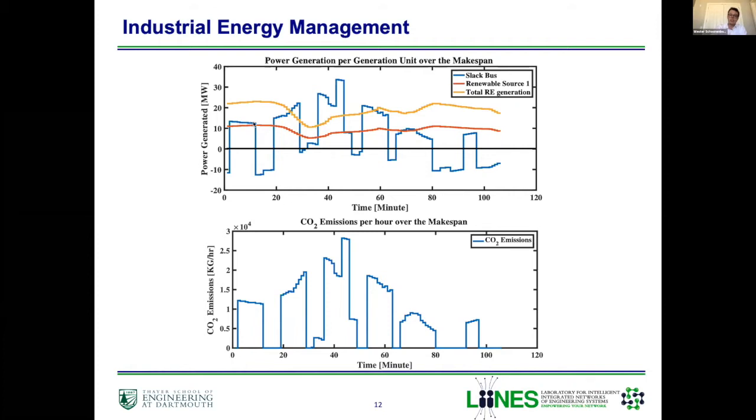But whenever the machines turn off, because maybe the product is being transported from one machine to the next, the energy demand drops, and we're all of a sudden putting renewable energy back into the power grid through a negative slack bus. And when we assume some carbon emissions for this slack bus and power grid connection, we can also calculate the CO2 emissions based on the production schedule of this factory.